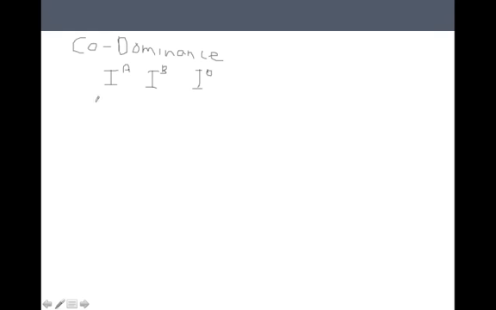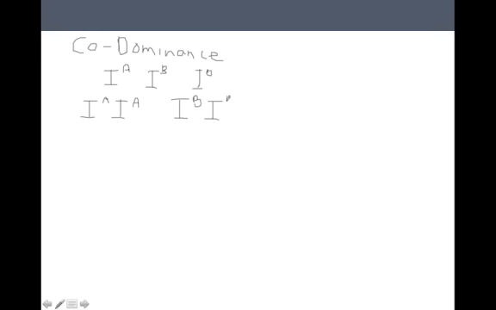If you have a person that is IA, and they're homozygous for IA, their blood type would be A. Now, if you had somebody else that was homozygous for blood type B, so phenotypically they are blood type B, like so.